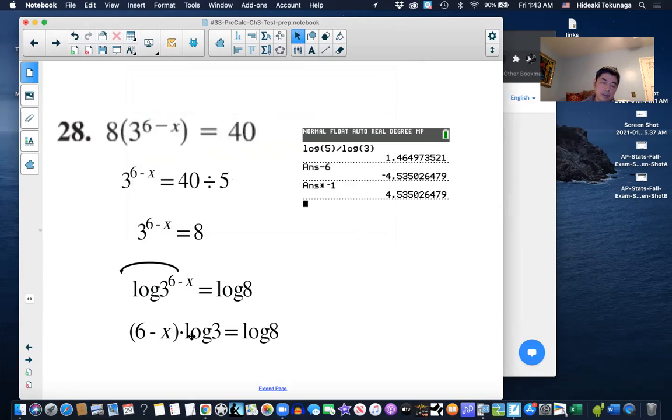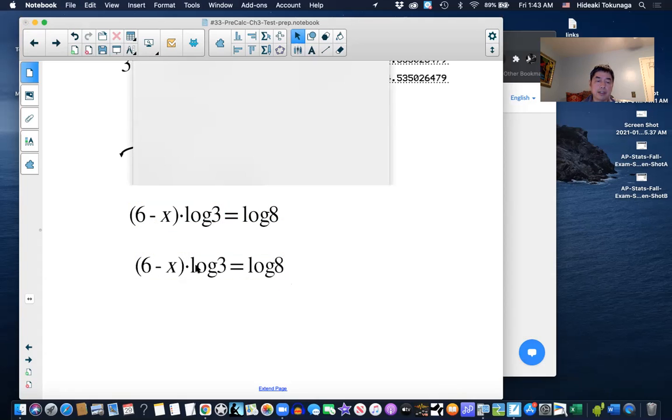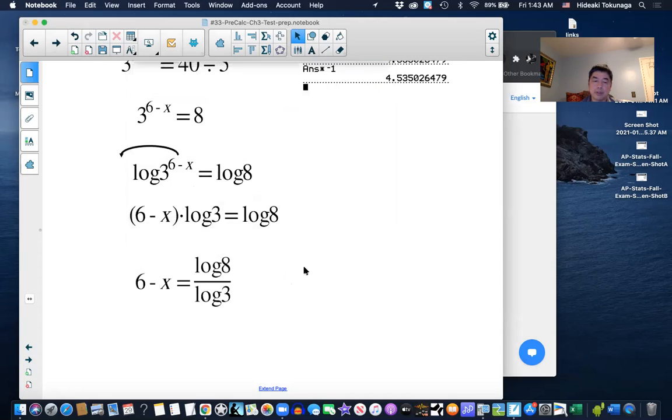Now what you have to do is divide on both sides. So the left hand side, 6 minus x is going to stay here. And from here it's algebra. You make a division here with log base 10 of 3, so log means log 3. Right?